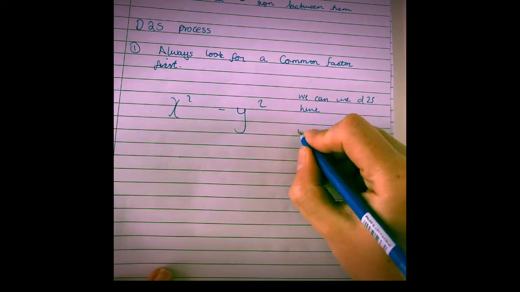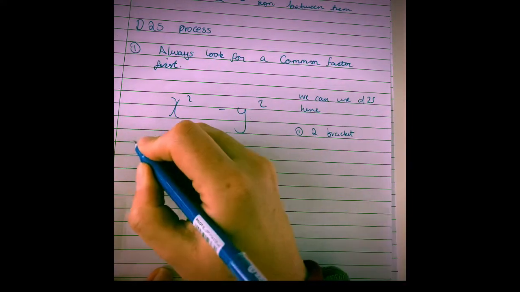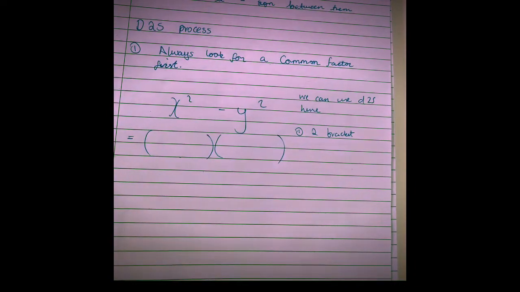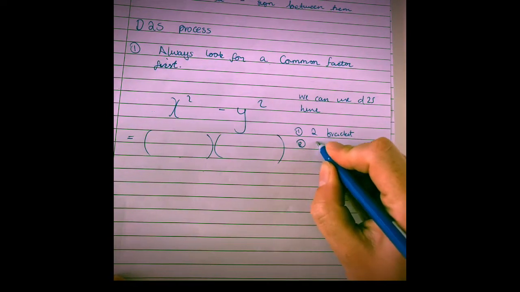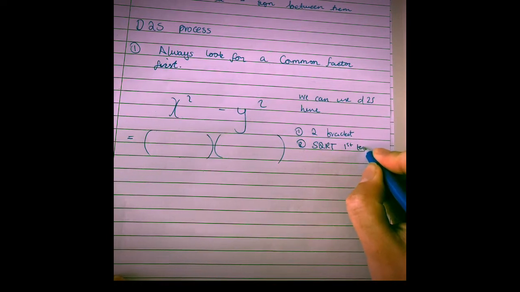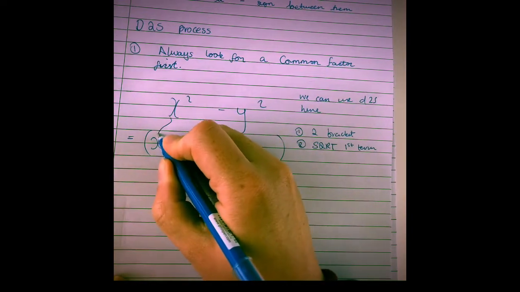Okay, so what's the process? The first thing you're going to do is have two brackets. Okay, so that's two sets of brackets for this example. Now for any difference of two squares, that's going to be the case. We are going to square root the first term and put it in the first position.